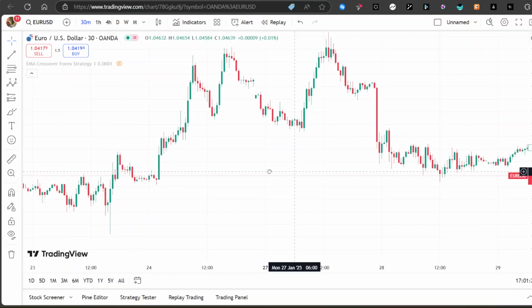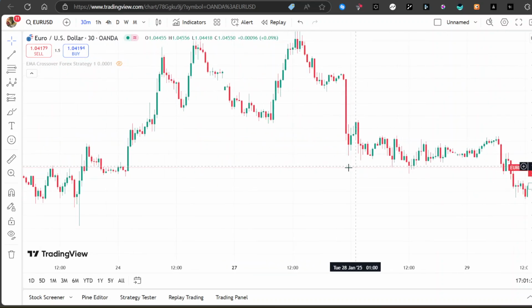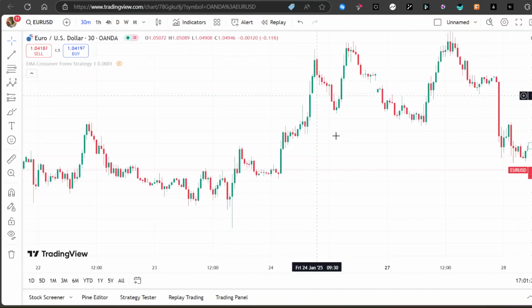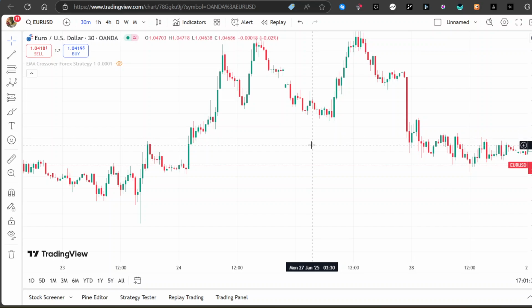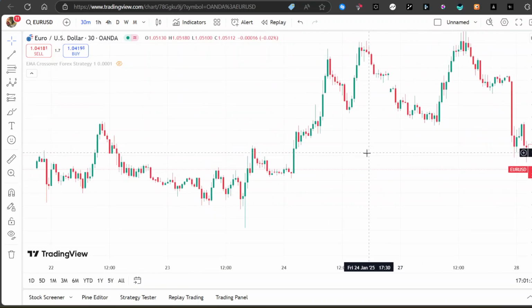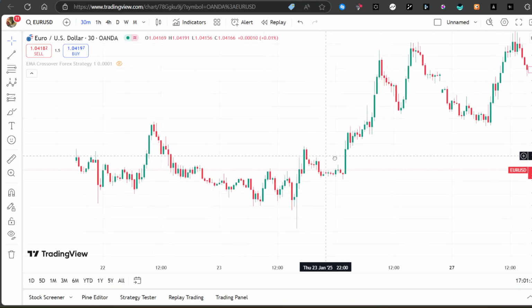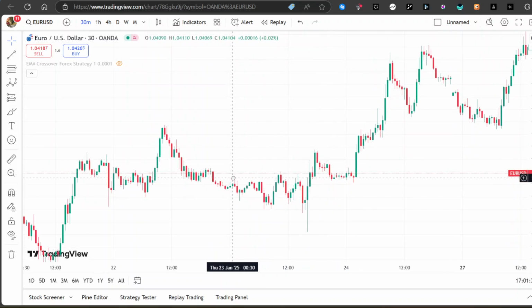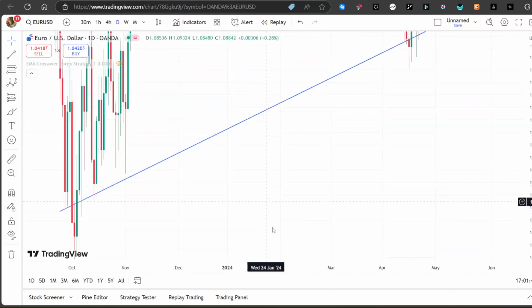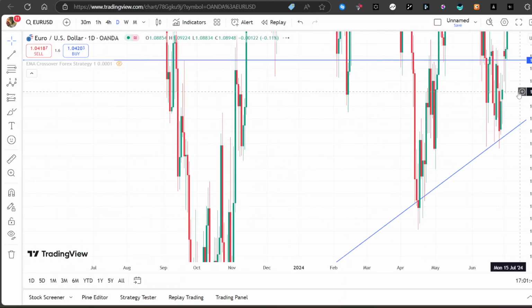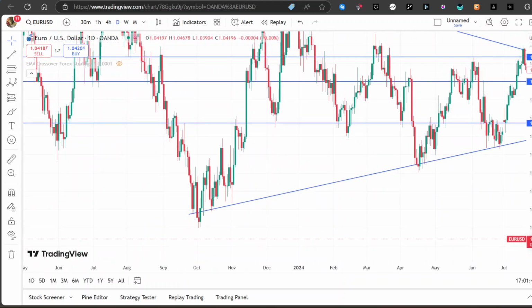The theory is based on the idea that markets move in a 5-wave pattern during trends and a 3-wave pattern during corrections. The 5 waves form the impulse wave, where the price moves in the direction of the overall trend.